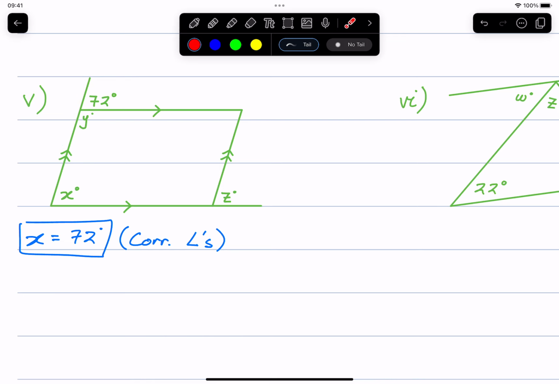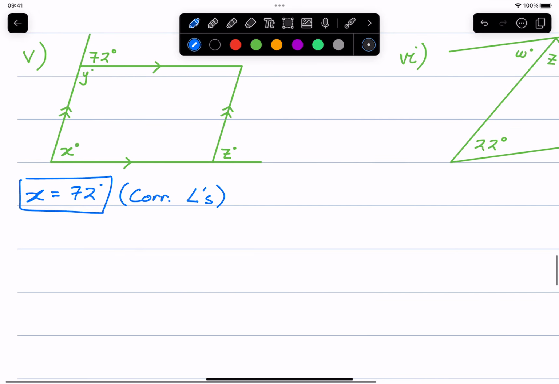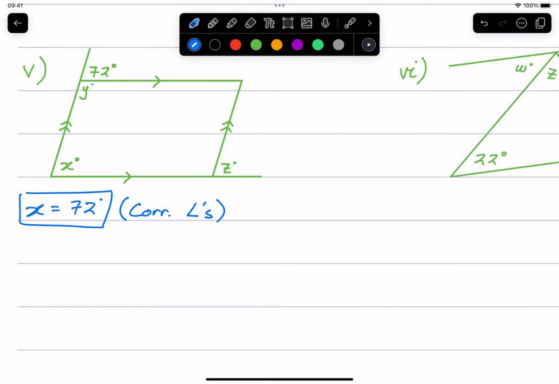However, if, well, strictly sticking to parallel lines relationships, there's a C shape here. So these two are co-interior angles.